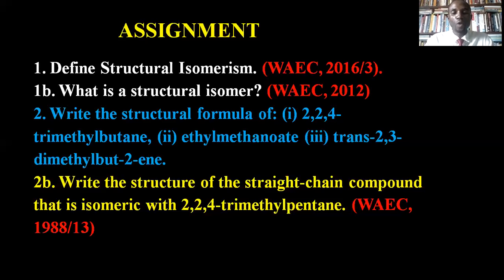Write the structure of the straight chain compound that is isomeric with 2,2,3-trimethylpentane. That is WAEC 1988, number 13.